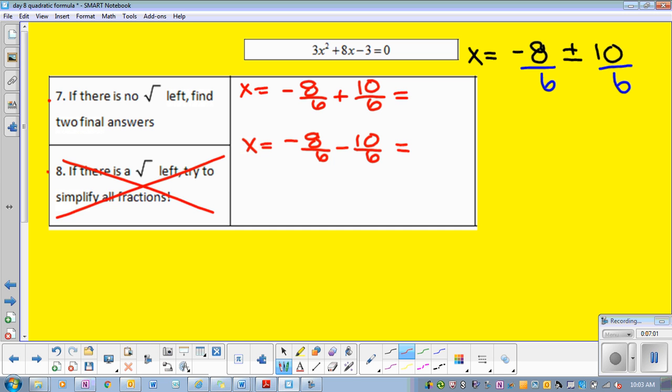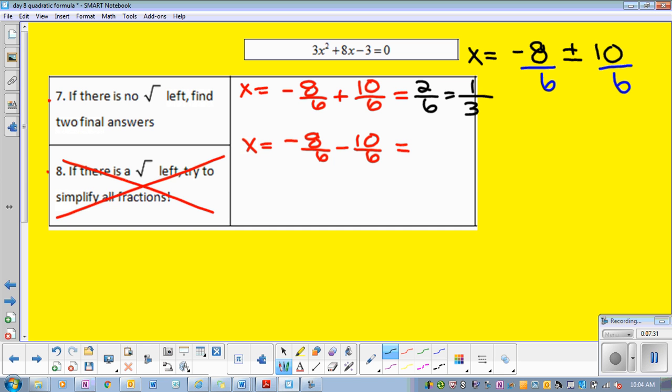So what is that? What's -8/6 plus 10/6? Yeah, they have the same denominator, right? So it's 2/6, which is 1/3.